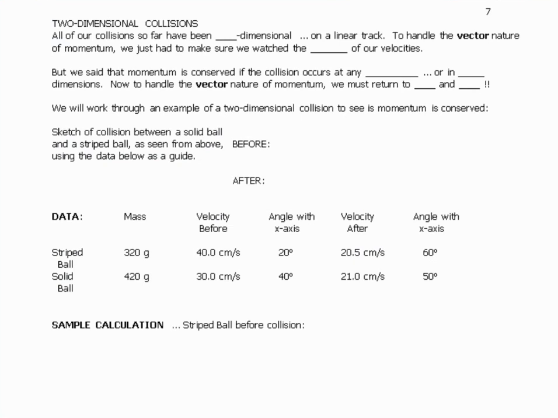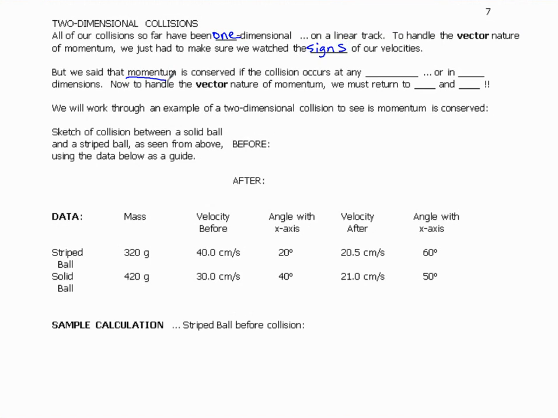Now we're going to look at two-dimensional collisions. So far, all of our collisions have been one-dimensional, meaning on a linear track. To handle the vector nature of momentum, all we had to do was make sure we watched the signs of our velocities.